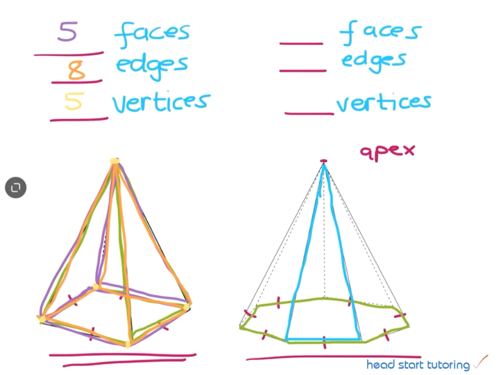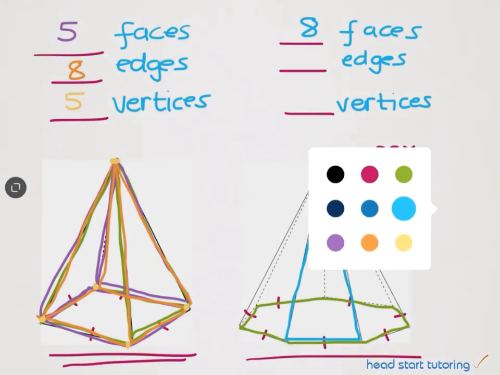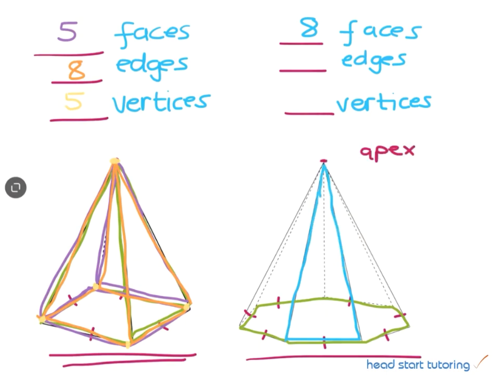So you will find that you have got 7 lateral triangular faces around your pyramid, and then you've got your 1 heptagonal base at the bottom. So that makes 8 faces altogether. So you have got 8 faces in your heptagonal pyramid.